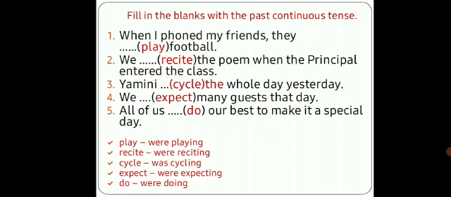Expecting many guests that day. All of us were doing our best to make it a special day. So doing, and the helping verb of the be form, which one? Were. So all of us were doing our best to make it a special day.